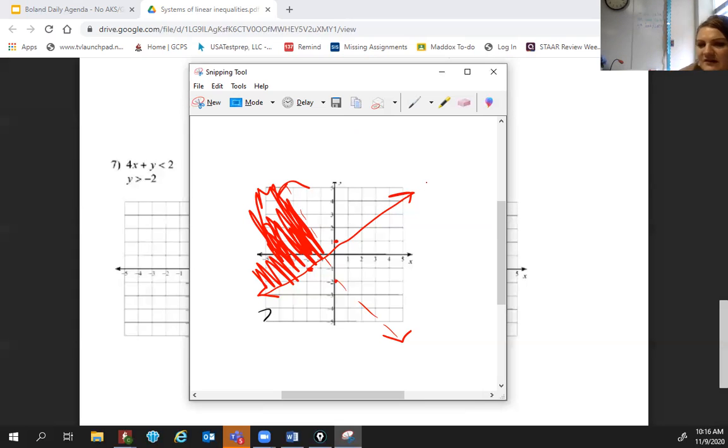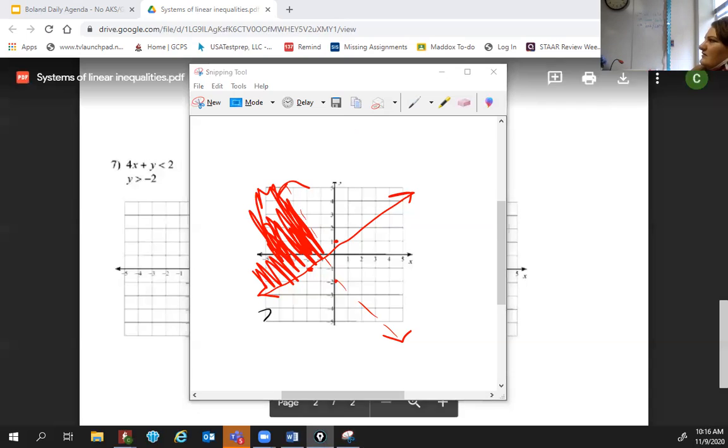Can you guys tell me that? Is that going to be less than, greater than, equal to? What is that going to be? Y is what? Look right here. Y is greater than, right?